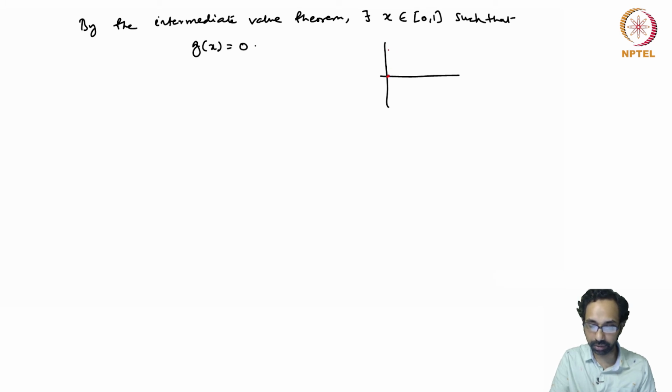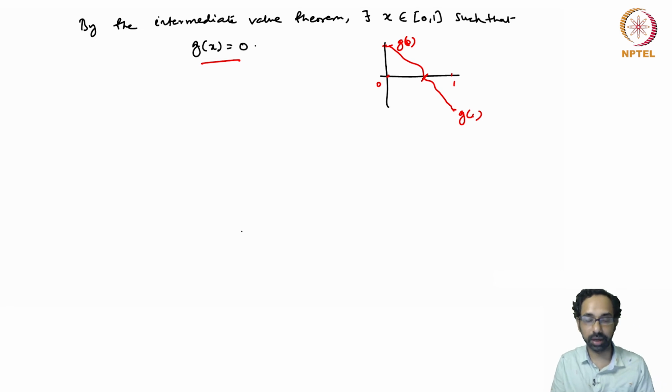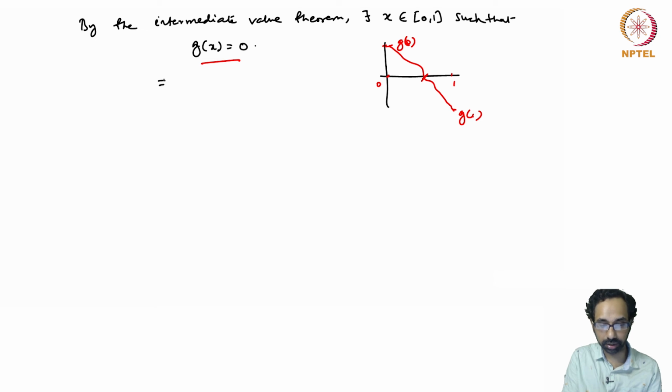At 0 it is greater than 0, somewhere here, and at 1, so this is 0, this is 1, this is g(0) and this is some g(1), and so the graph of the function is like this, and it must cut the x-axis at some point, and this is where g(x) must be 0, and this is what the intermediate value theorem says. But g(x) equal to 0 is the same as saying that f(x) minus x equal to 0, or in other words f(x) equal to x.